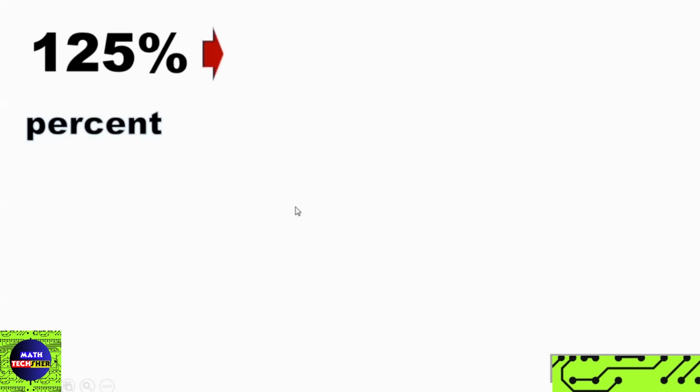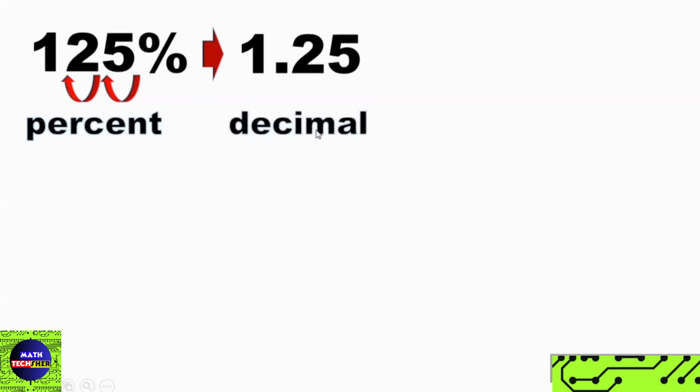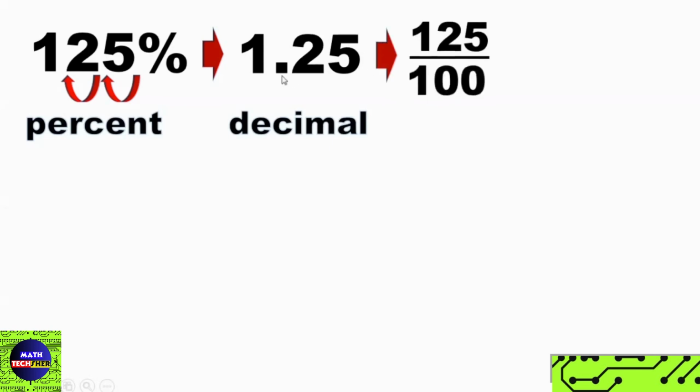Okay, 125% convert to decimal. So we're going to move the point from the right side going to the left side 2 places. So we have 1.25. So 1.25 is the decimal of 125%.